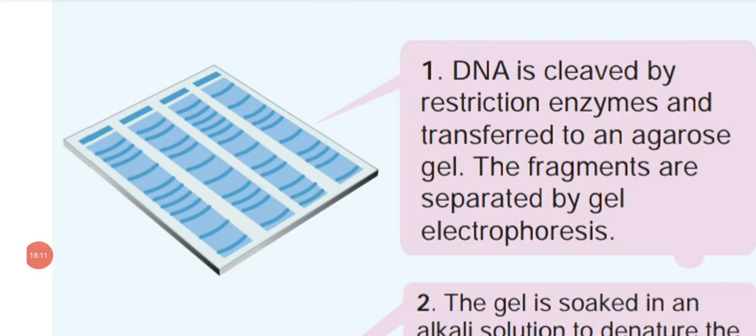Dear students, this is a diagram with explanation showing the steps involved in the Western blot technique. First, we have to separate the DNA fragments. These DNA fragments are cut into a number of pieces by using the enzyme known as restriction endonucleases.